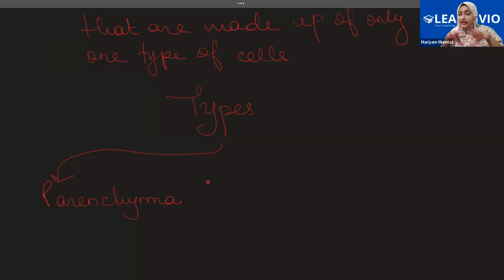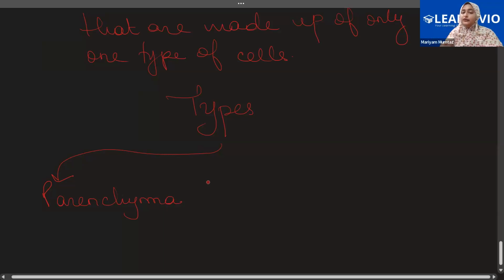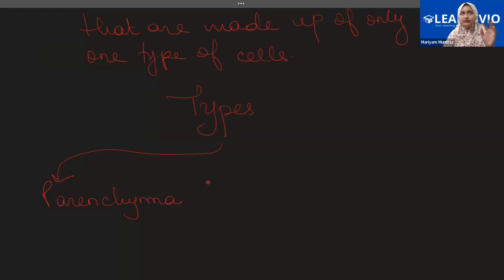It gives a lot of basic material to form the plant's body. Collenchyma has a little bit of hardening. Slowly, from parenchyma to sclerenchyma, they move towards being dead in nature. Parenchyma is living, collenchyma is also living, but sclerenchyma slowly starts getting hardened.